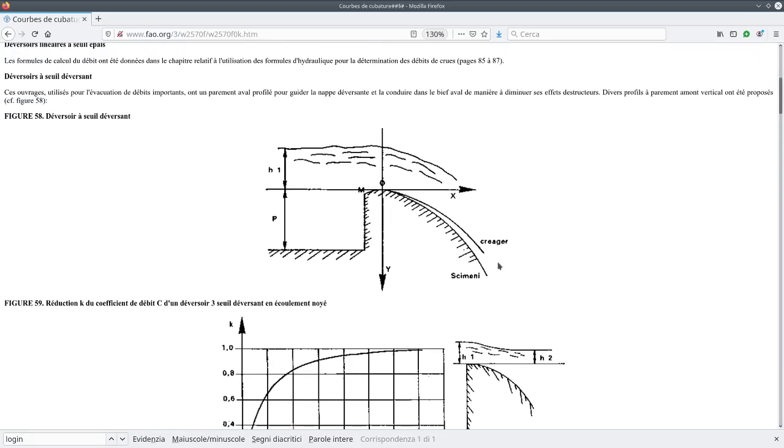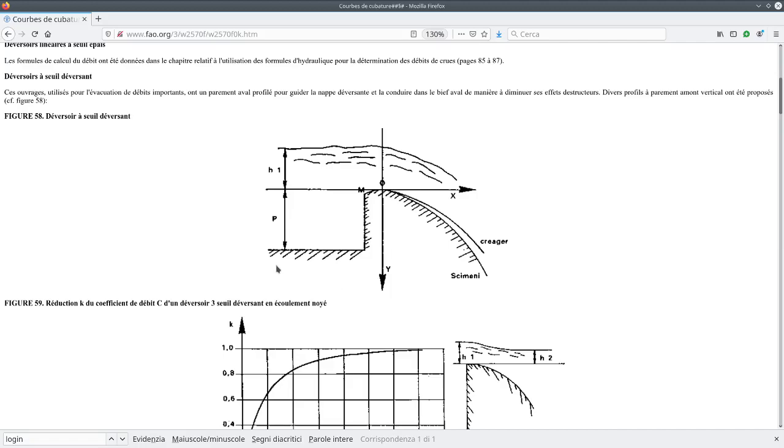It's very small. You see the profile by Creager. Here it's spelled correctly, by the way, in the figure. And also the profile by Shimemi, which, again, they are very similar. And the purpose here is to avoid any detachment of the flow from the structure.